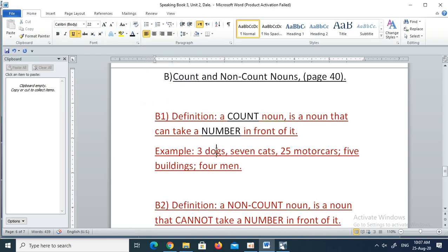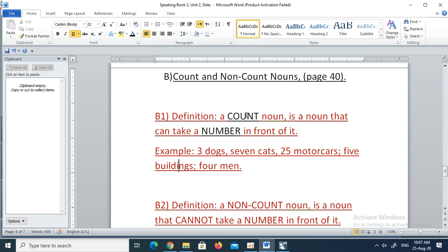So dogs are a count noun. You can say 3 dogs, 7 dogs, 10 dogs. It can take a number. Cats are a count noun. You can say 7 cats, 24 cats, 11 cats, 9 cats. It can take a number.